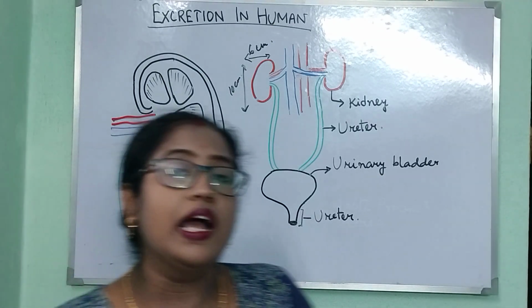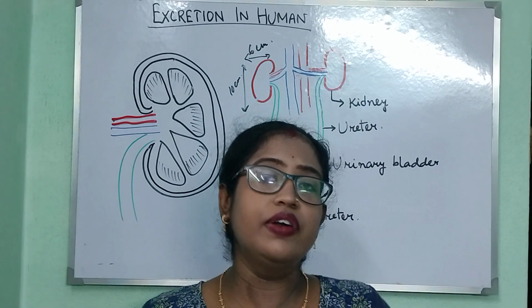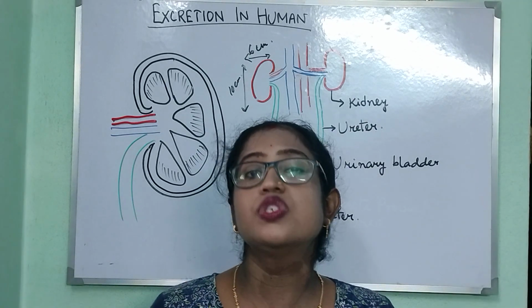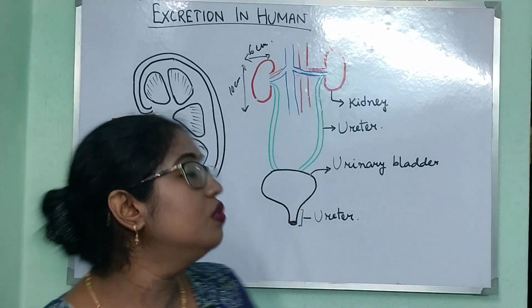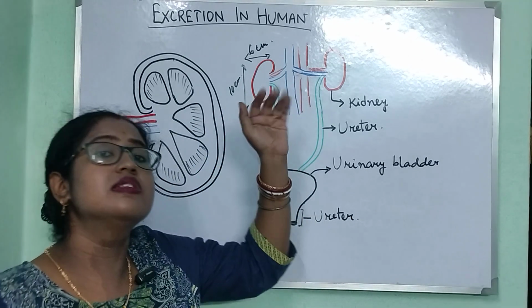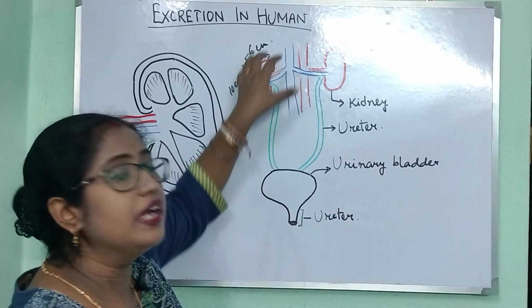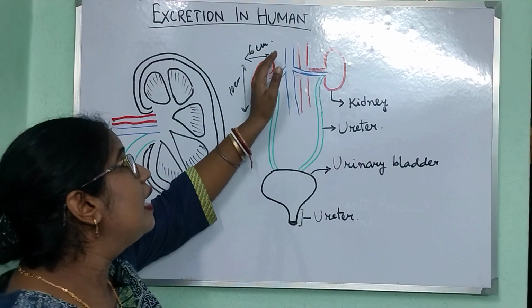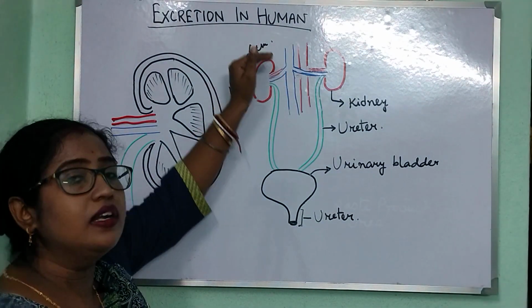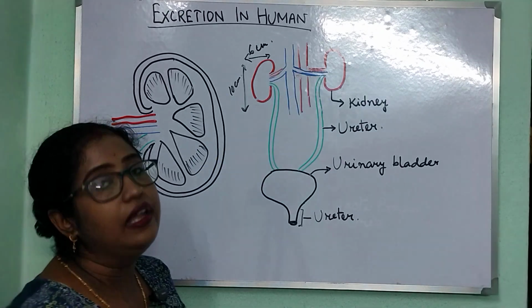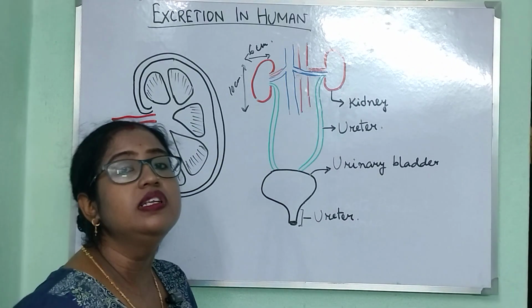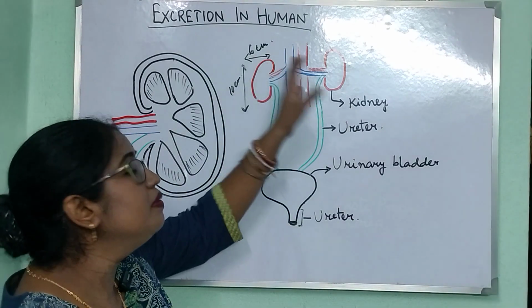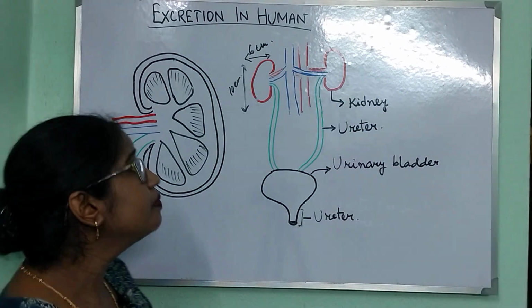Because on the right side of our abdominal cavity, a huge space is occupied by the liver. So the liver occupies the major portion of the right side. That is why the right kidney is slightly at a lower level than the left one. Otherwise, both the kidneys are similar in structure and in measurement also.